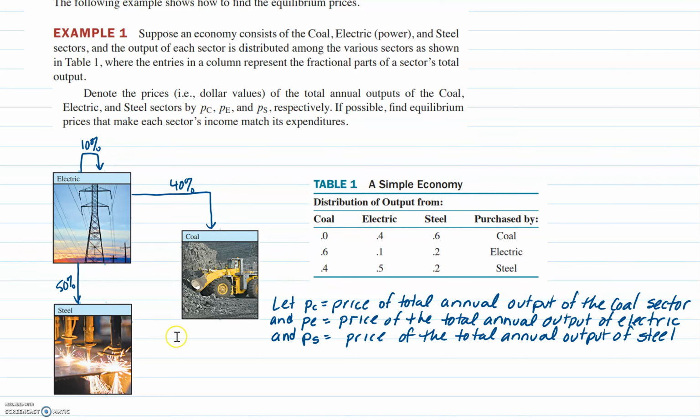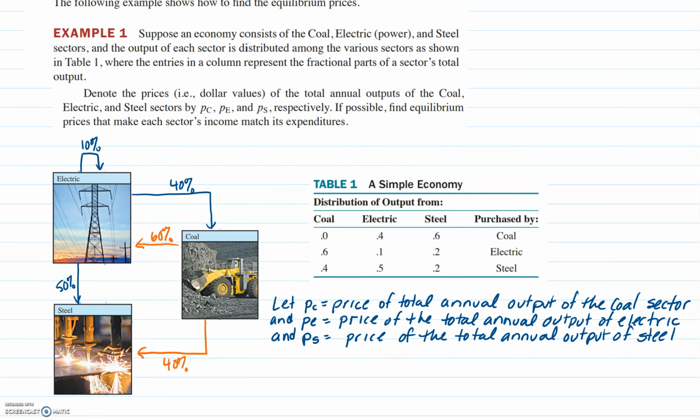Let's do the same thing for coal now. Coal: 0.6 goes to electric, so 60% goes to electric, and 40% goes to steel. It doesn't keep anything. That automatically adds to 100%.